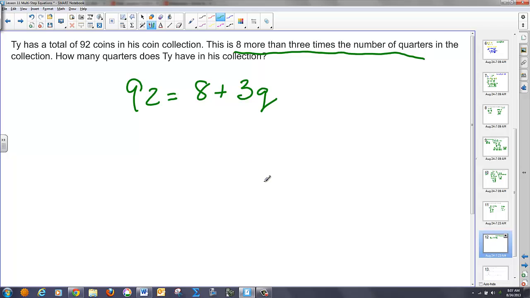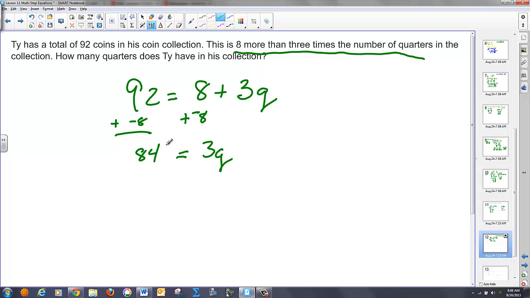And we want to know how many quarters he has. So again, this is similar to solving the last problem. Add negative 8 to both sides. We get 3Q on the right. 92 minus 8 is 84, I believe.